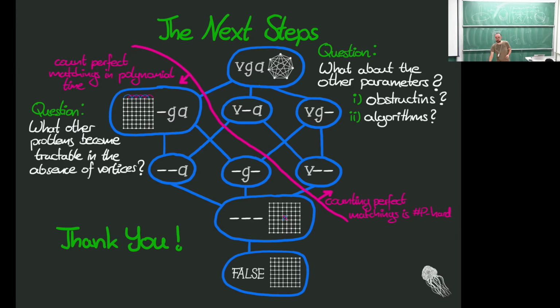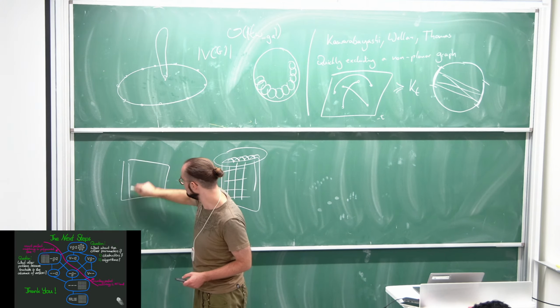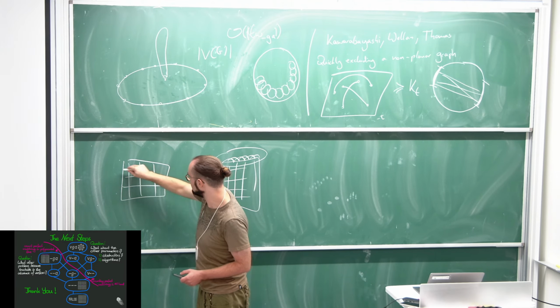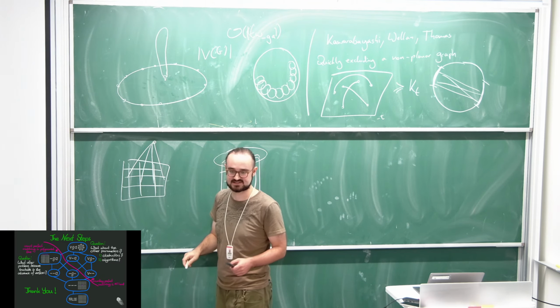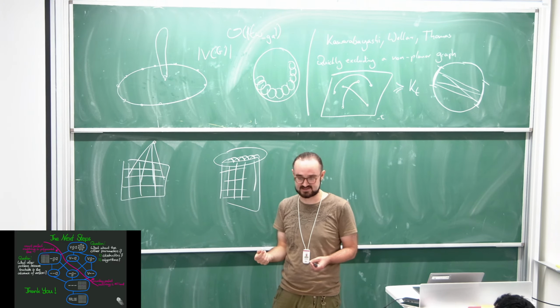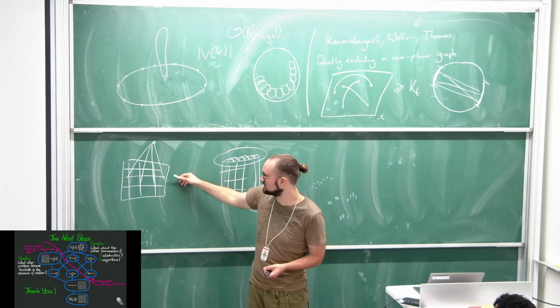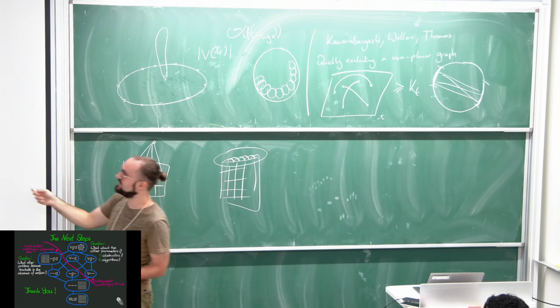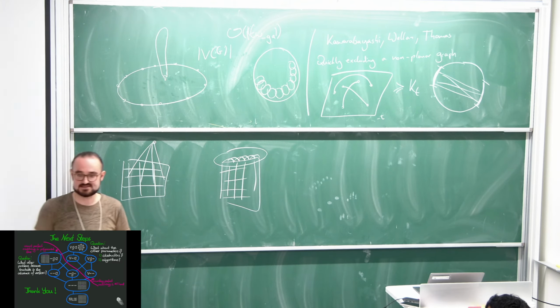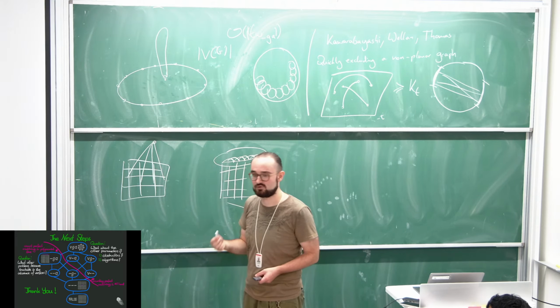For this one in particular, maybe this is interesting. There is a structure theorem out there that says if you take a grid and you exclude the grid with a vertex that sees the entire grid, this is seen as the prototypical apex graph. If you exclude this, the structure theorem says you're not quite here. So you might still have apices, but all apices only have neighbors inside of your vortices.